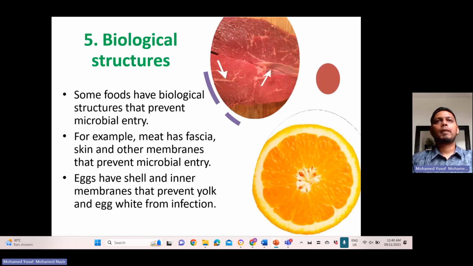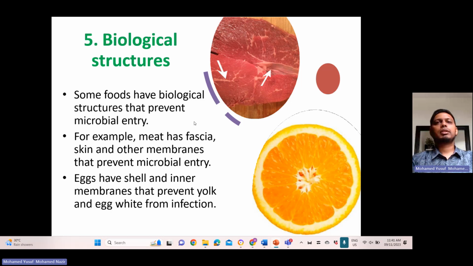Okay, and then the fifth one is the biological structure. Meat has fascia, and this actually affects the growth of the microbe. In our earlier slide we found that ground meat can get contaminated easily as compared to whole meat.